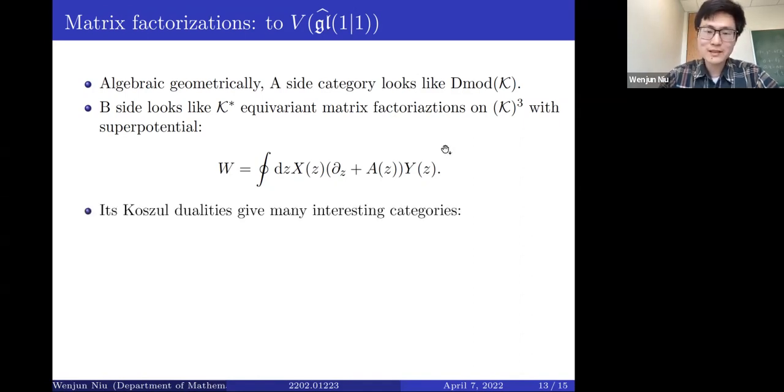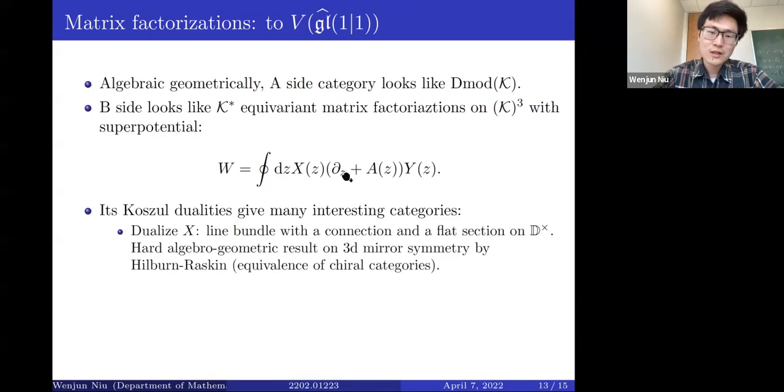So the nice thing about this is that it gives rise to many interesting categories. Say if I only dualize X, then the superpotential will set the rest of the part to be 0. So it sets that partial Z plus A Z multiplied by Y Z is 0.